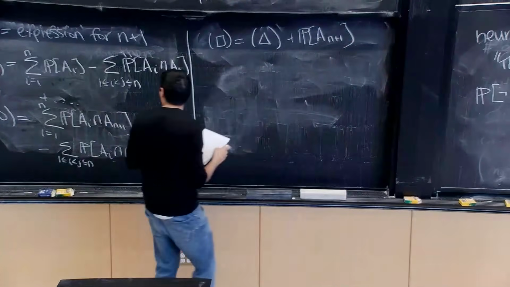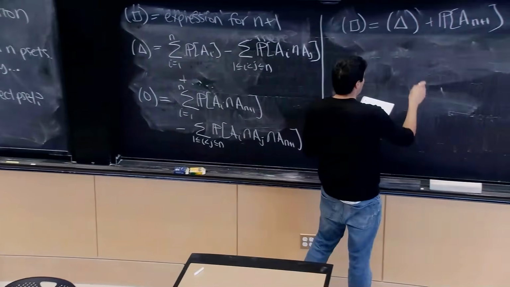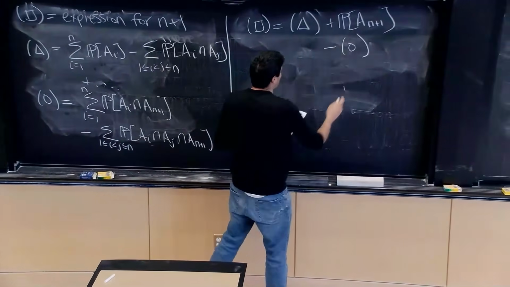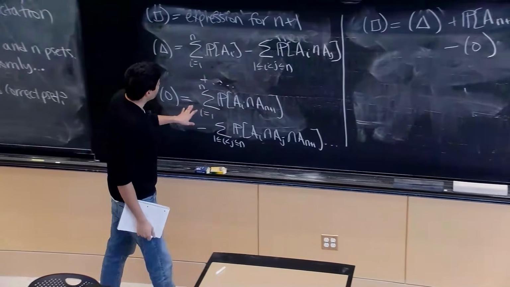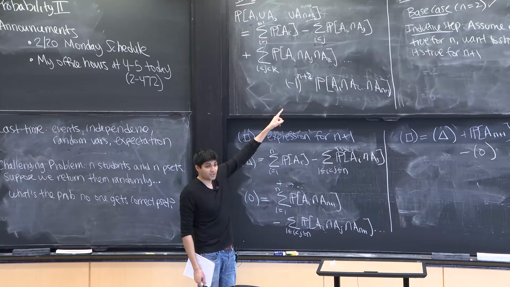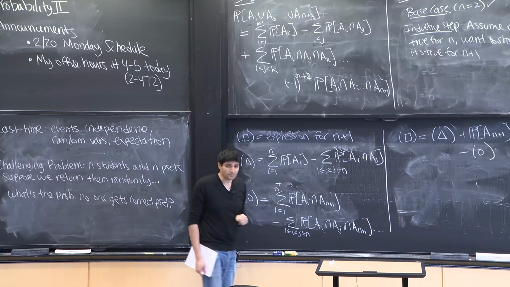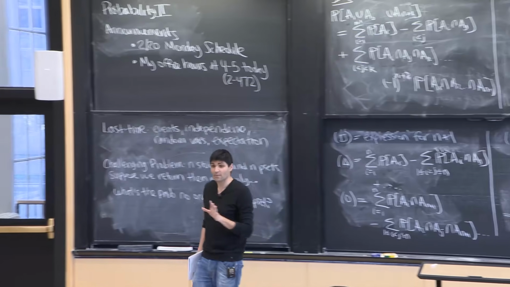That's not something that showed up in my circle expression. And then minus the circle. So you can see that I've flipped the signs here, because originally when I had pairwise intersections, I had a minus sign, and here I've put it as plus. But it'll be clear why I did this in a minute.